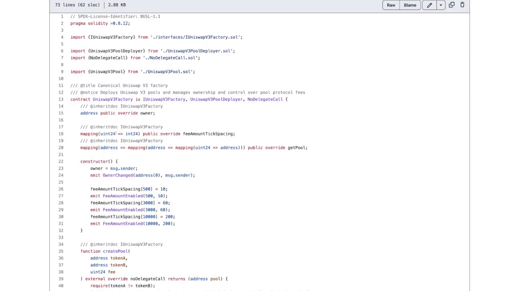And you can see here, the mapping is from a uint24 to an int24, which is interesting. Yeah, and I wonder, does this maybe specify the width or the size of a tick? It says it returns the tick spacing for a given fee amount if enabled or 0 if not enabled. Okay.